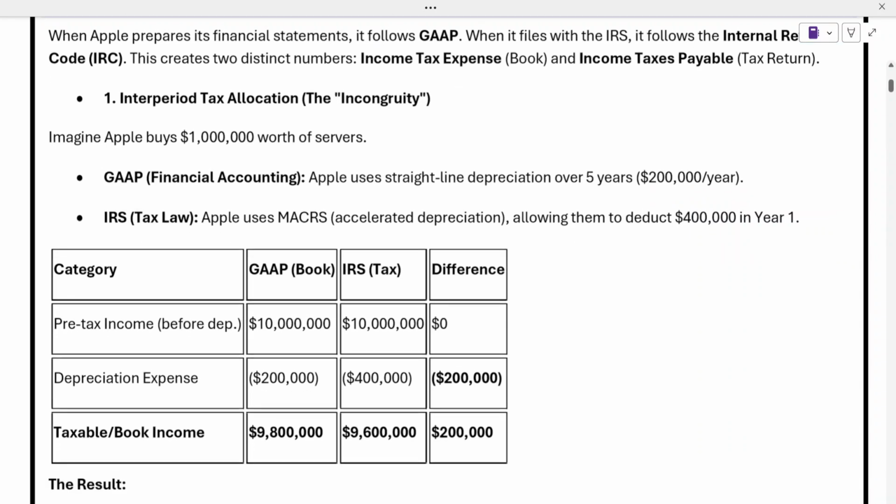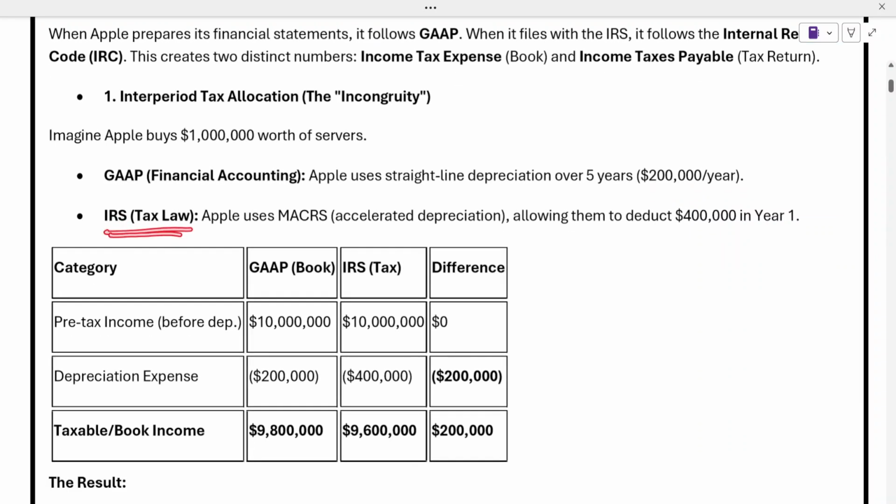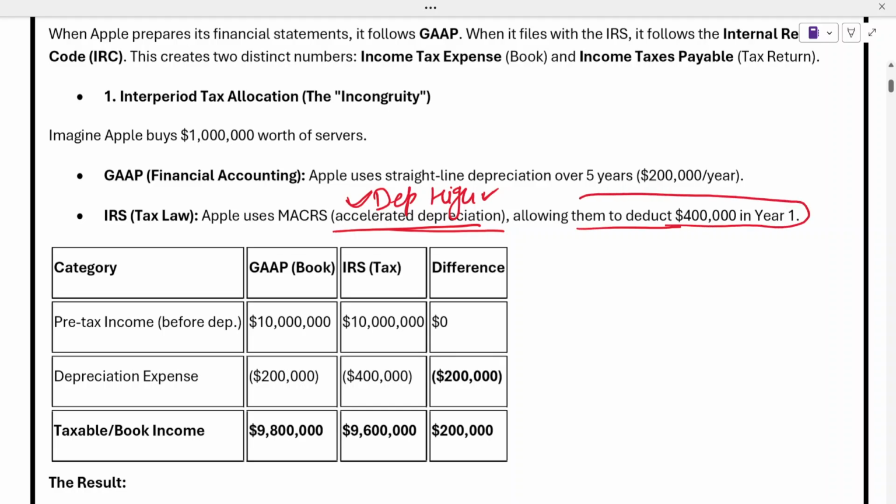Now, IRS laws have a different treatment. The IRS says that Apple uses MACRS, which is an accelerated depreciation method. Accelerated depreciation simply means that depreciation is high in earlier years. This is covered in the depreciation section, but I am just repeating that depreciation is high in earlier years, allowing them to deduct $400,000 in a year.